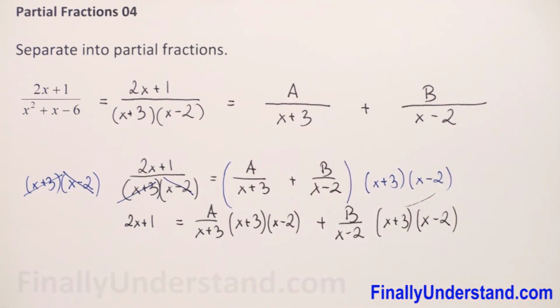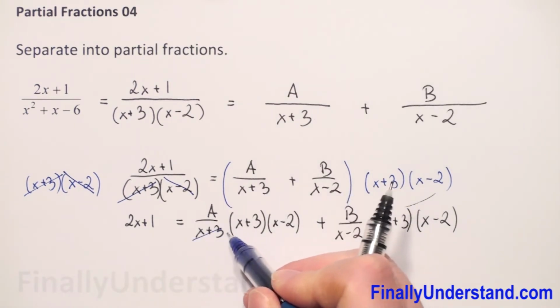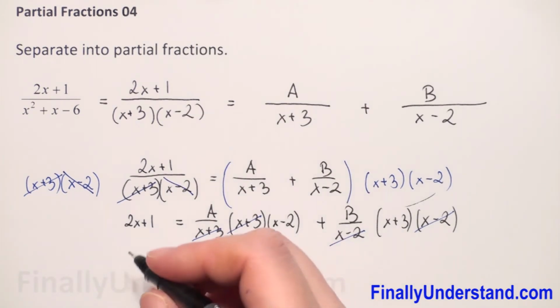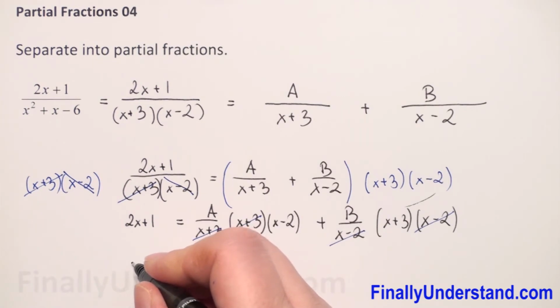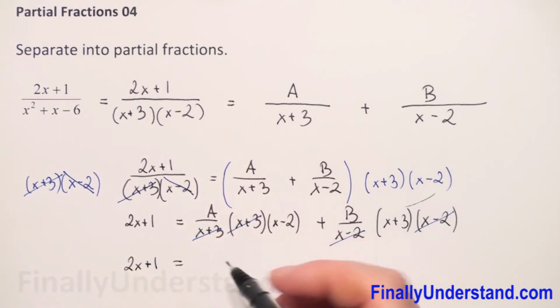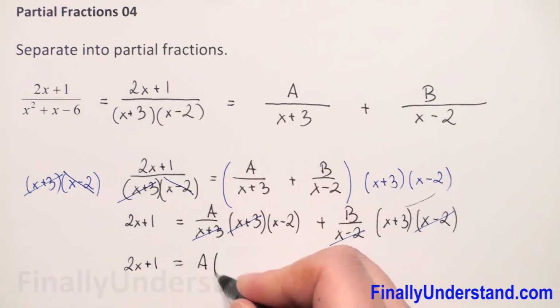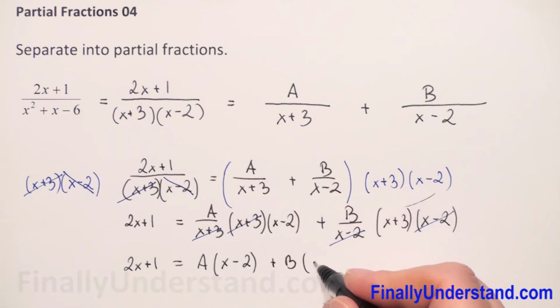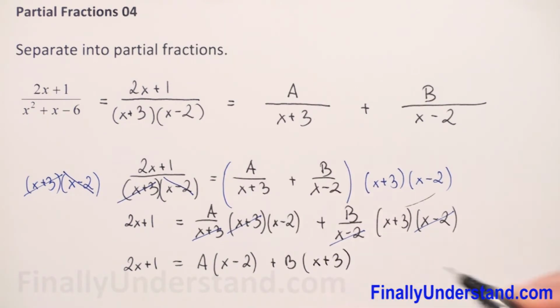So we see that x plus 3 and x plus 3 we can reduce, and x minus 2 and x minus 2, because we have multiplication, so we can do this. And now what will we have? On the left side we have 2x plus 1, and on the right side will be a times x minus 2 plus b times x plus 3.